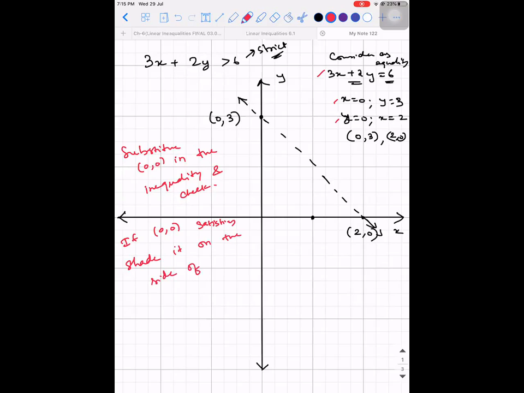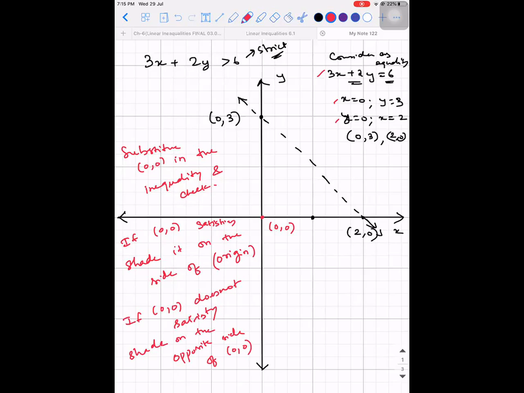What is 0, 0? Origin. Origin is nothing but the point of intersection of the axes. If 0, 0 doesn't satisfy, shade on the opposite side of the origin.